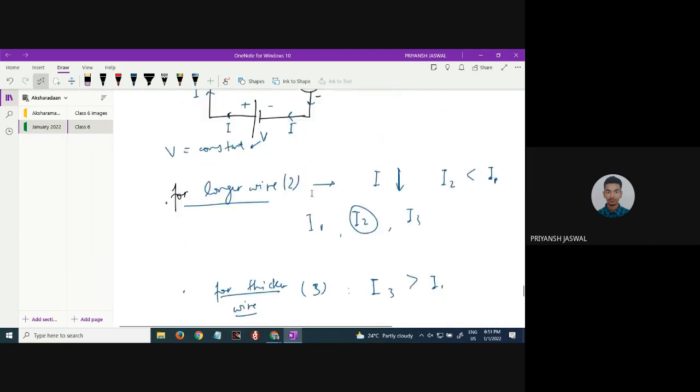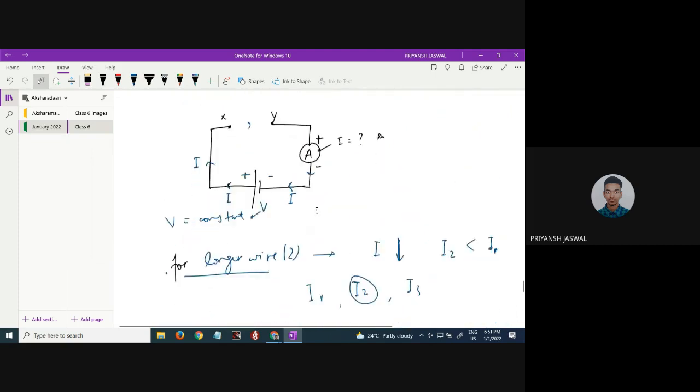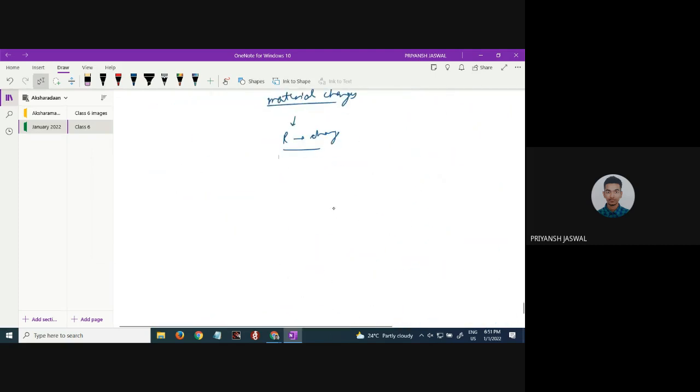If we combine all the observations we made and apply Ohm's law, the simple V equals IR, how current is varying for constant potential, we are basically trying to get the relation between current and resistance.